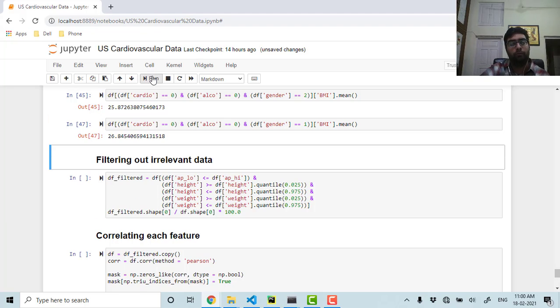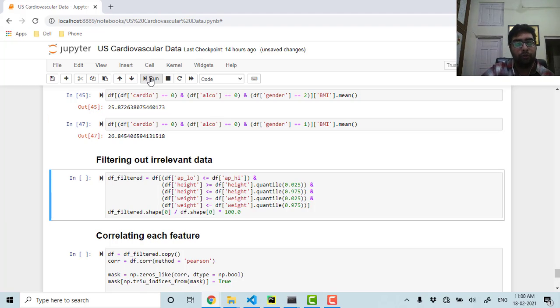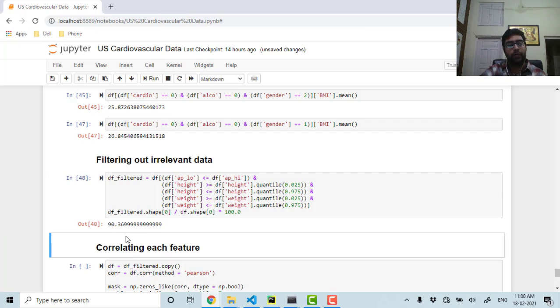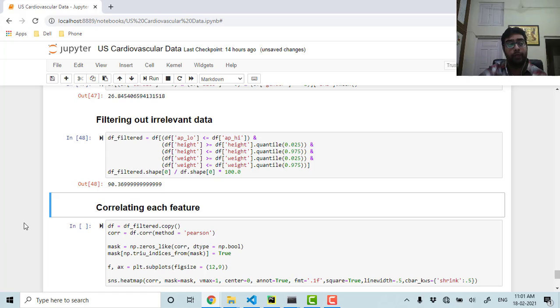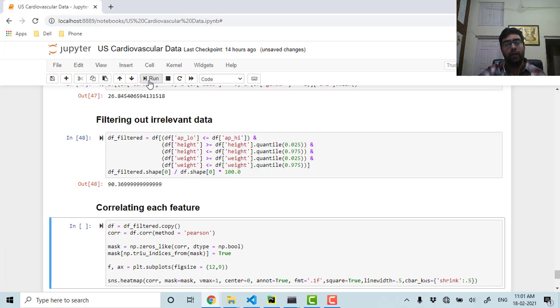Let's filter out some irrelevant data because we had some ambiguous data also in our data set. So I am filtering it out, and we can see that around 90.36% of the data is still with us. So around 10% of our data was trash, and we have filtered out that data.